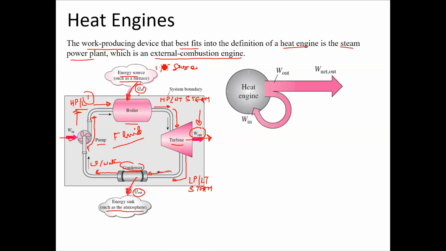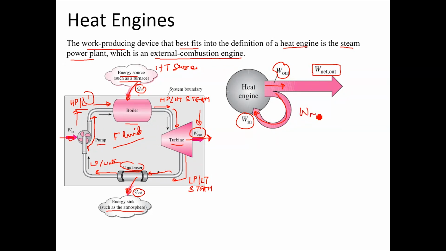So the heat engine is producing work out. A portion of this work out which is being produced is utilized in running the pump. That is work in. The remaining portion of it is the net work out of the heat engine.